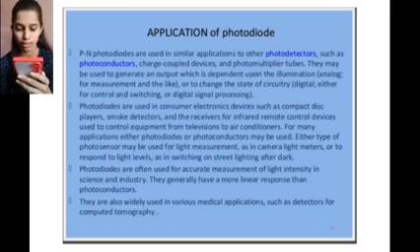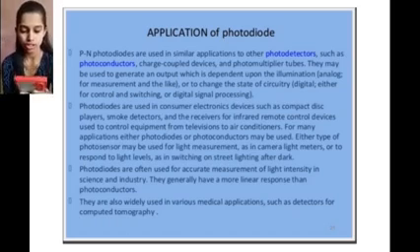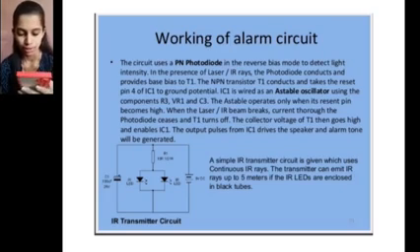They may be used to generate an output which depends upon the illumination, both for measurement of the light, or to change the state of the circuit, either for switching or to detect signal processing.